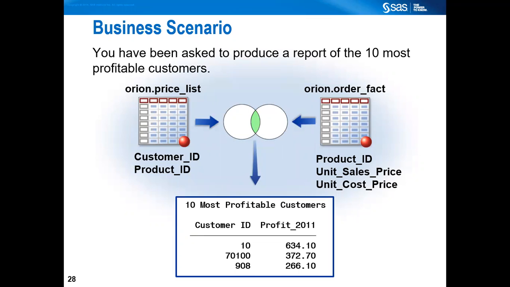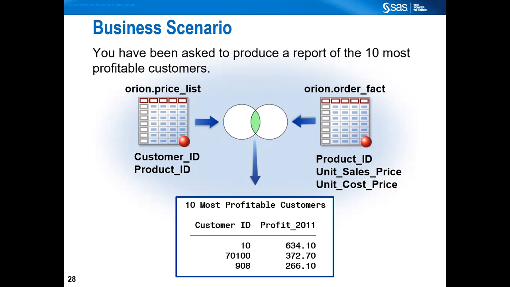So the task here is you are writing a query from two different tables. You need to join the information. It says you have been asked to produce a report of the 10 most profitable customers. Now this query will give you the customers list, but you want only the 10 most profitable customers.